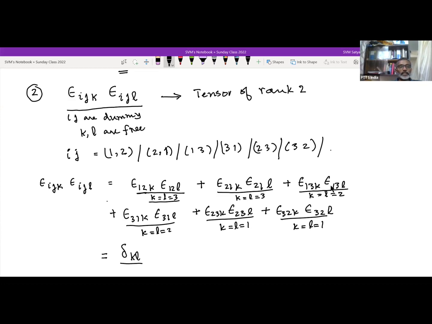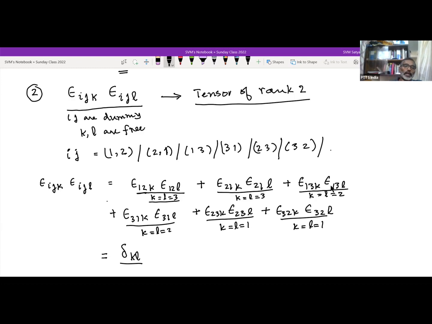This is a second rank tensor, right? I said this will be a second rank tensor because there are 2 free indices. So this thing is simply delta kl, because if k is 3, l is 3. If k is 2, l is 2. If k is 1, l is 1. Correct? So is it simply delta kl? Suppose k is equal to l is equal to 3, delta 33.